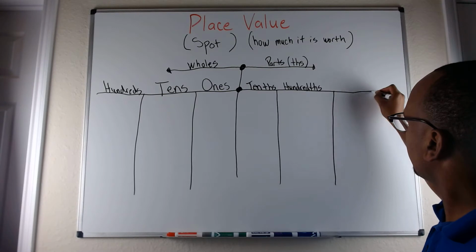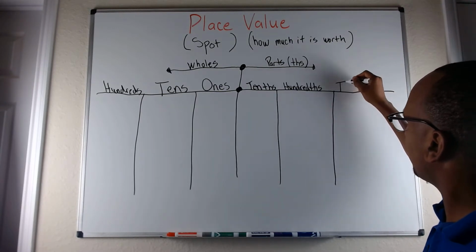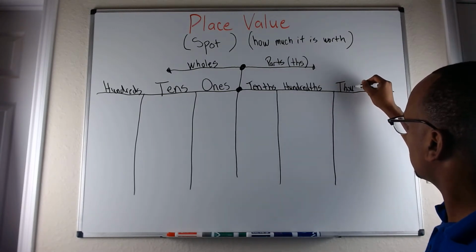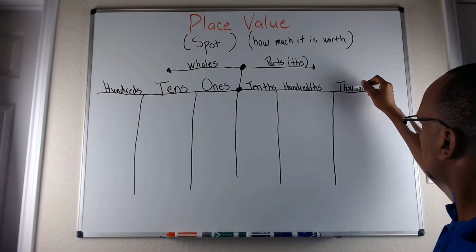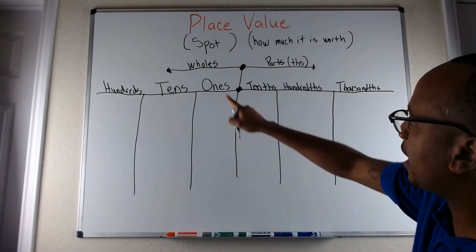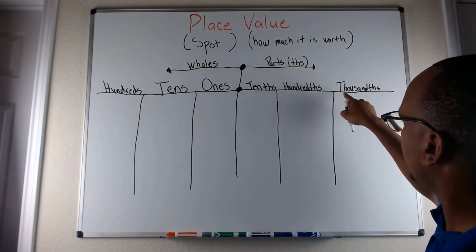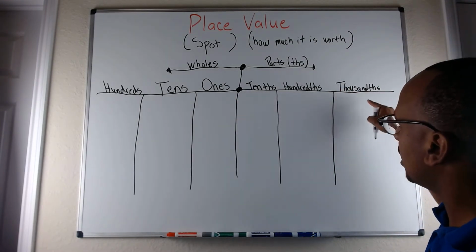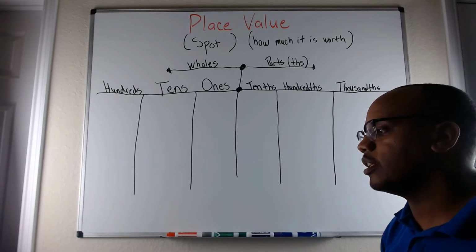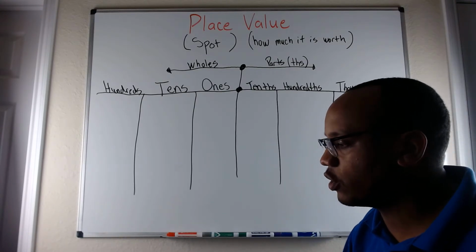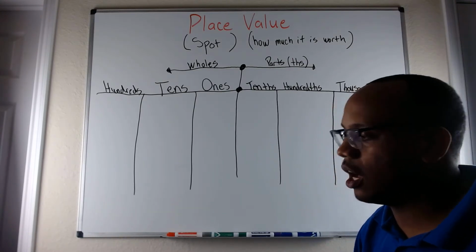All right. And then you have thousandths. What that means is if I have one whole and I break it into 1,000 parts, that place value spot would be right here. All right. So this is your basic place value chart for elementary.